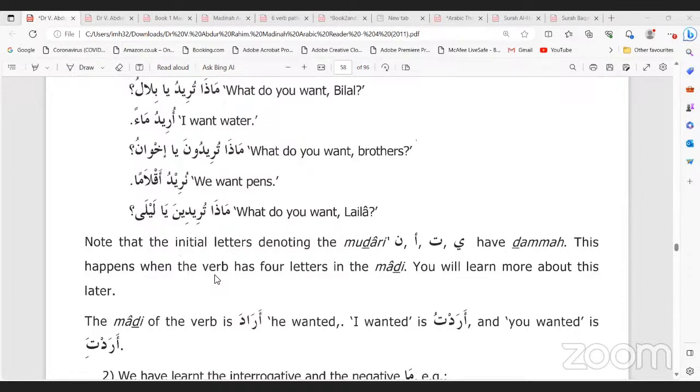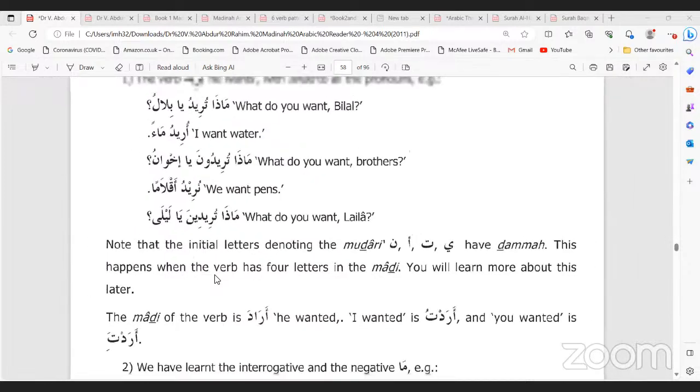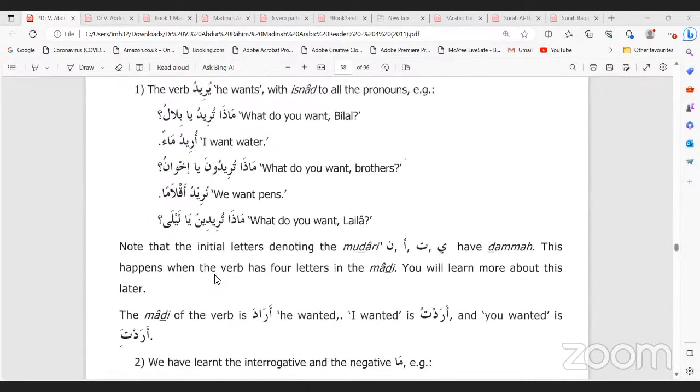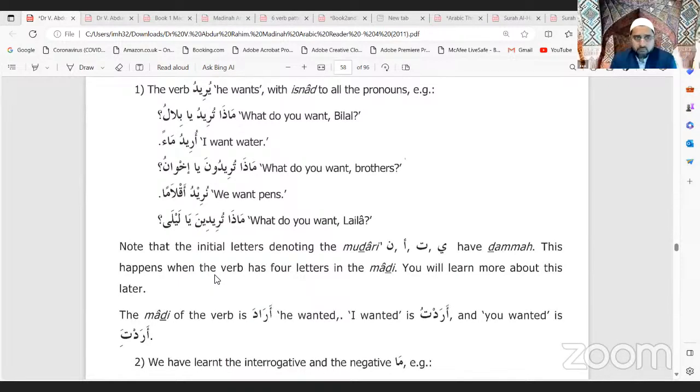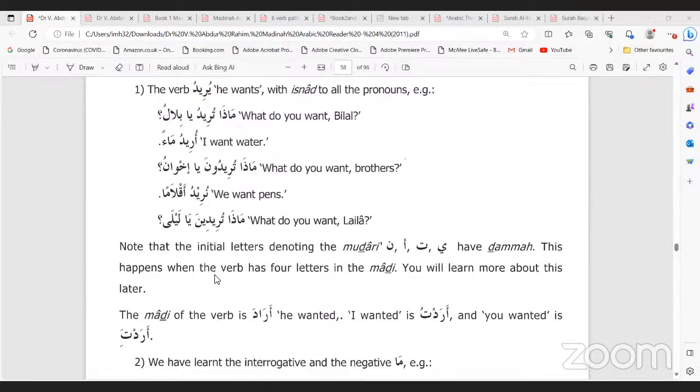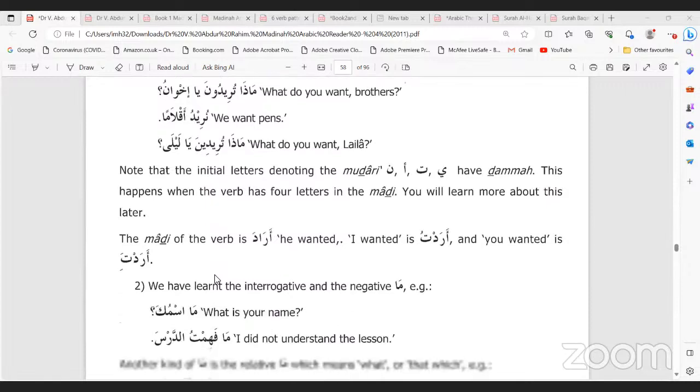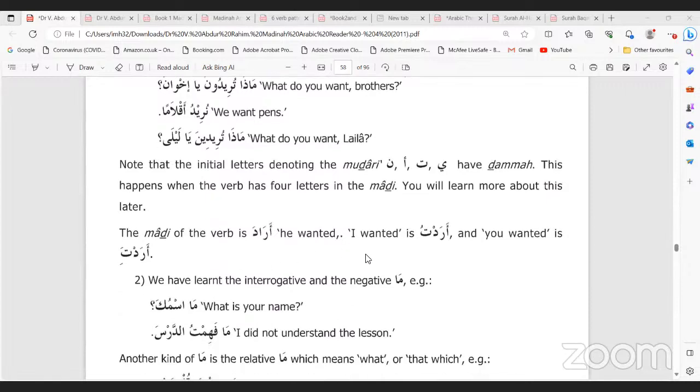Note that the initial letters denoting the mudari, noon, hamzatul wasl, ta, ya have damma. This happens when the verb has 4 letters in the mazi. You will learn more about this later. The mazi of the verb is arada, he wants.